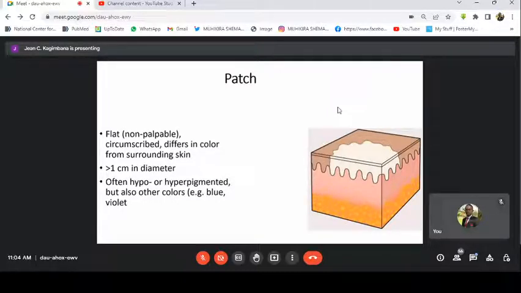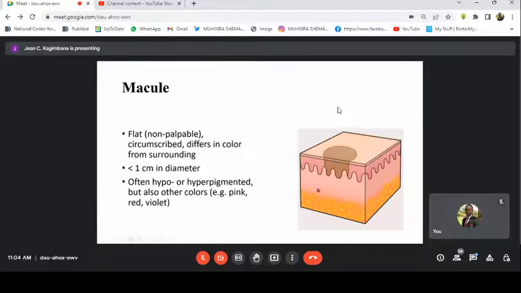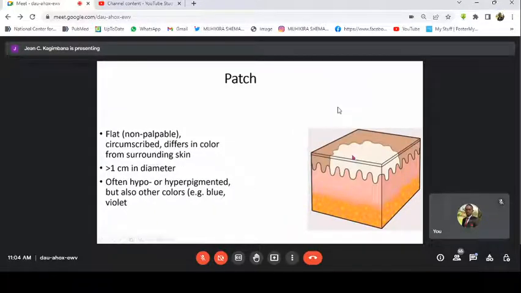You may have a small vitiligo macule, white and depigmented, but you may have a big macule known as a patch. Okay?